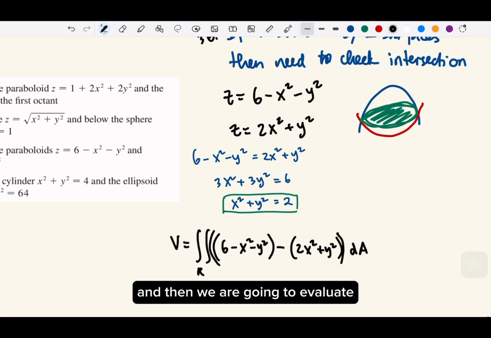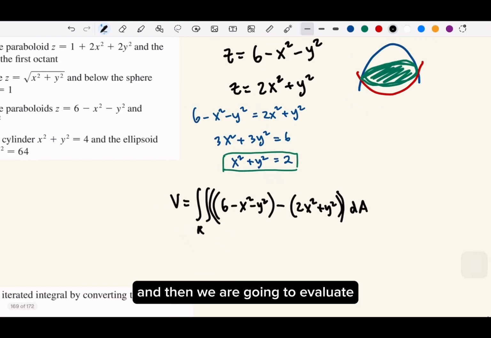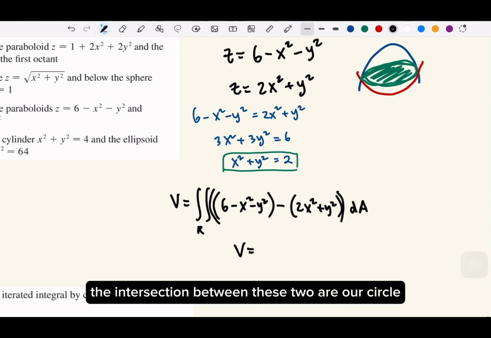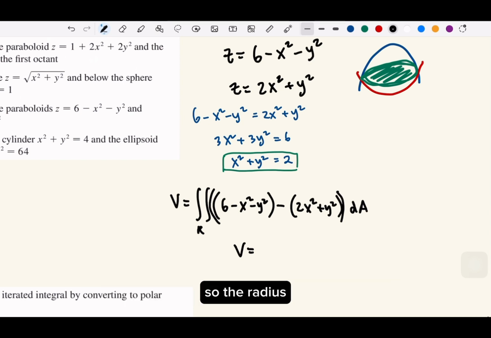And then we are going to evaluate the endpoints. So we get that the intersection between these two is a circle, whose radius is the square root of 3.